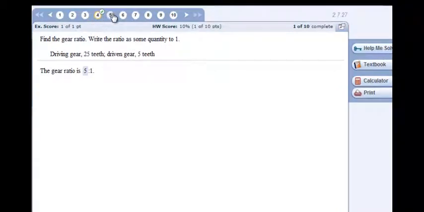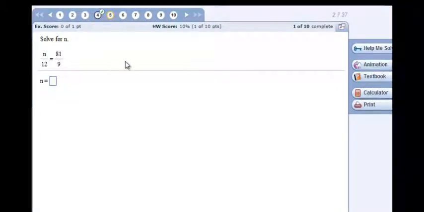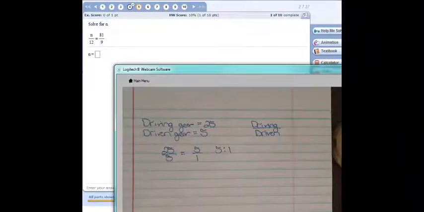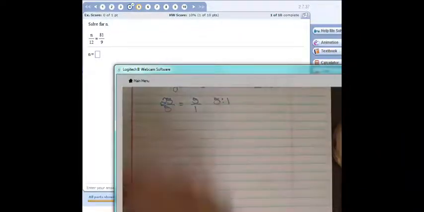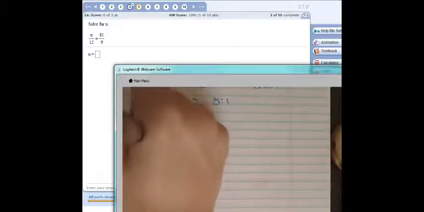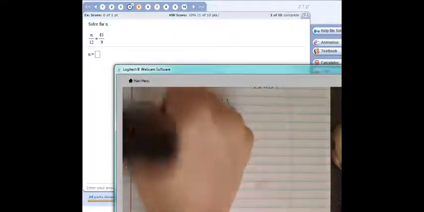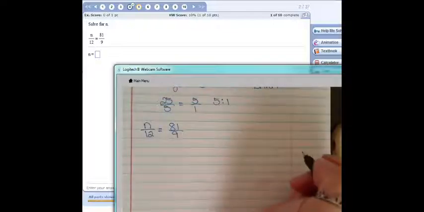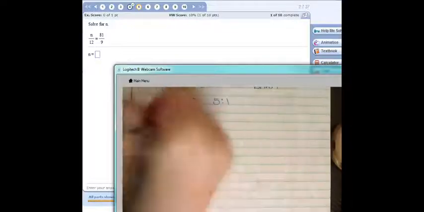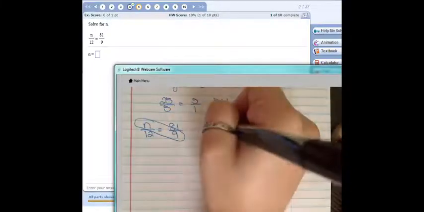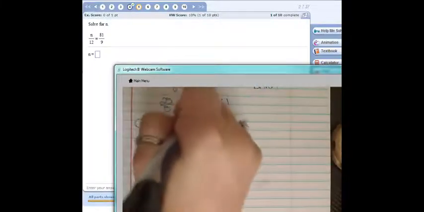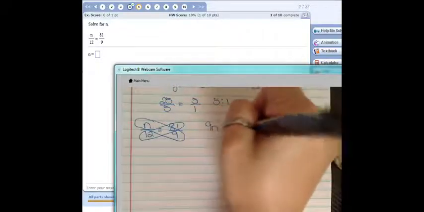Alright, let's do a cross multiplication problem. So let's do number 5. Let me pull up my page for you. So we have n over 12 equals 81 over 9. And we need to find out what n is. So we're going to cross multiply. We're going to take n times 9. So we have 9n equals 12 times 81.